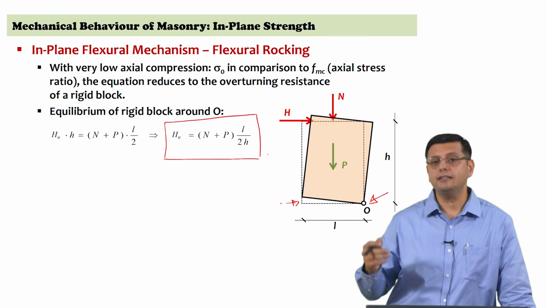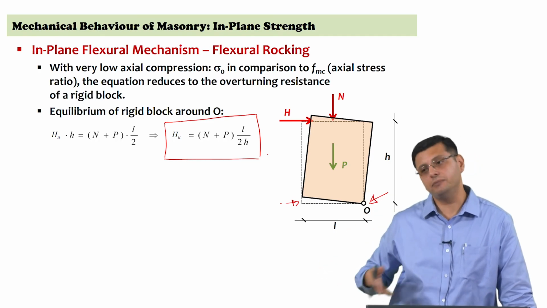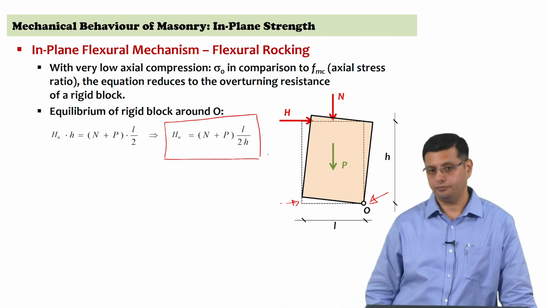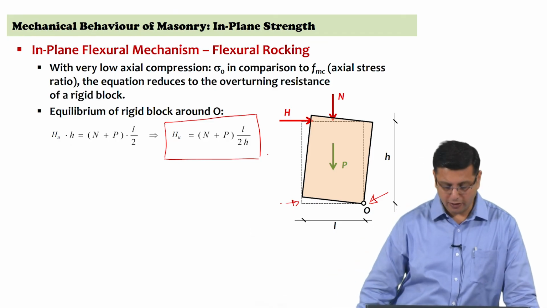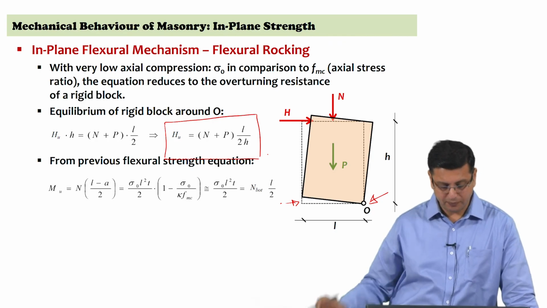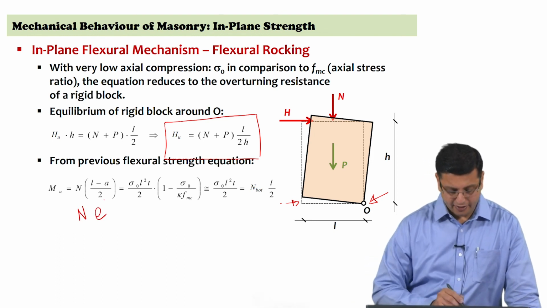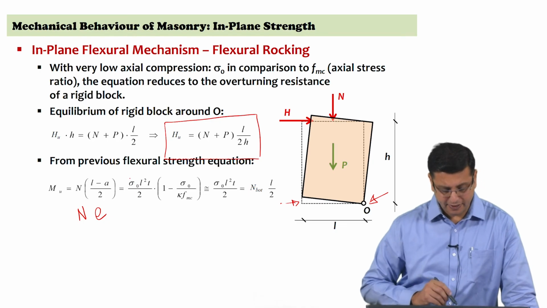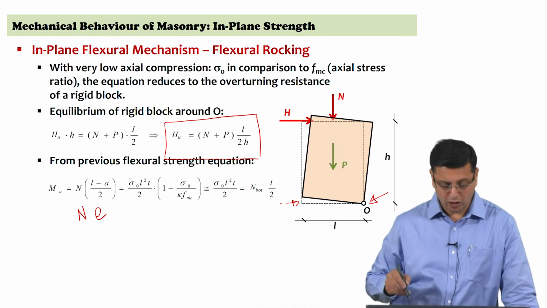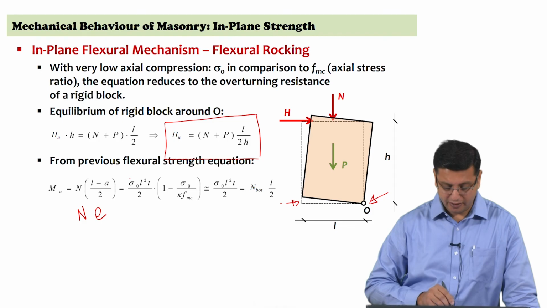And when you look at low axial compression levels, this value of sigma naught by FMC can be very low. The axial stress ratio being low, you can get this special case of flexural mechanism, which is flexural rocking. So, if you were to use the previous expression, in the previous expression we had N into E, and here the axial force N is sigma naught L square T by 2, and we use the same expression as we had in the previous case.